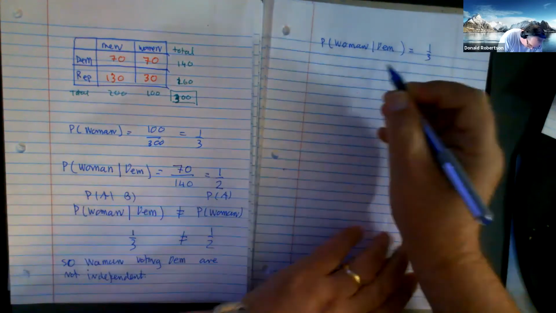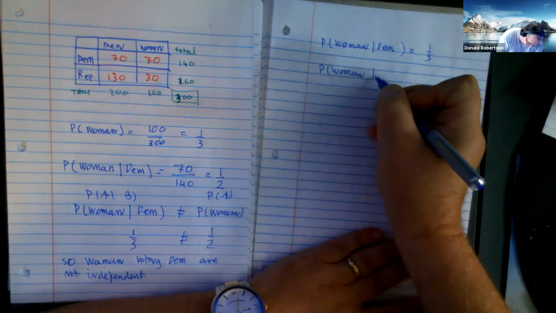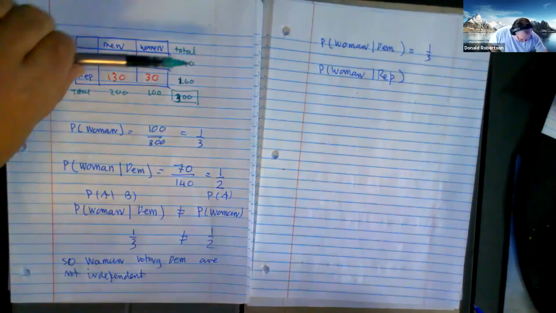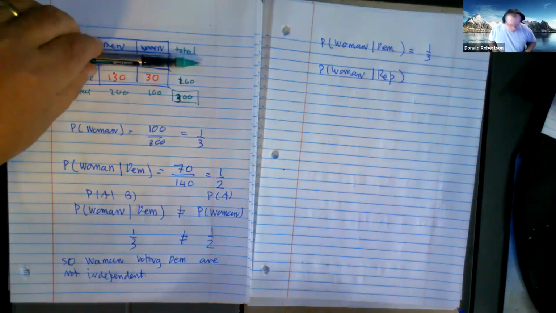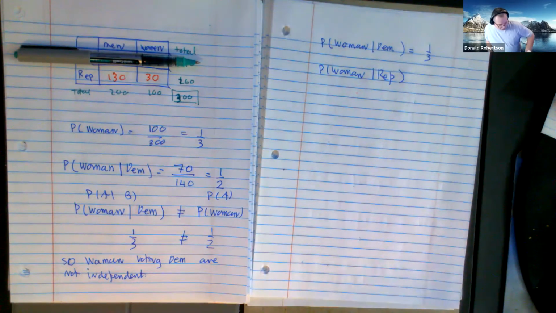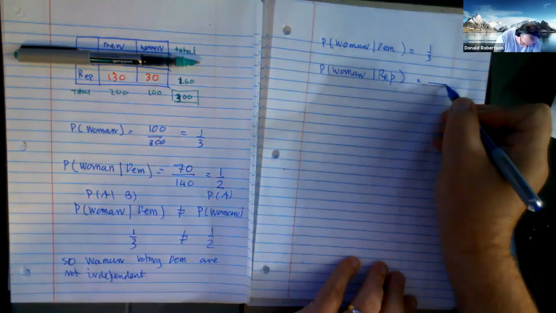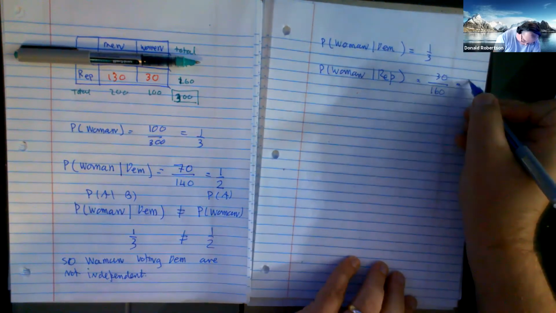What's the probability that you pick a woman given that she voted Republican? Well, wouldn't the world now turn into that bottom row, right? If you're told they're a Republican voter, it goes this way. So what does that look like? Well, 30 out of 160, that is 3/16.